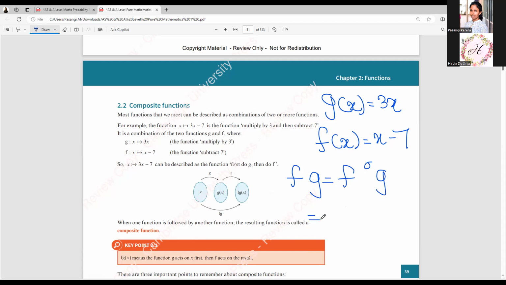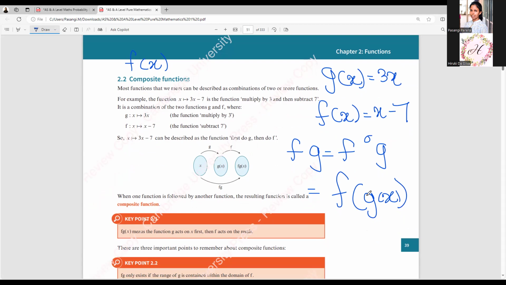So here it is not a function of x, that is a function of gx. That means wherever we have the x term, we have to replace that x with gx.